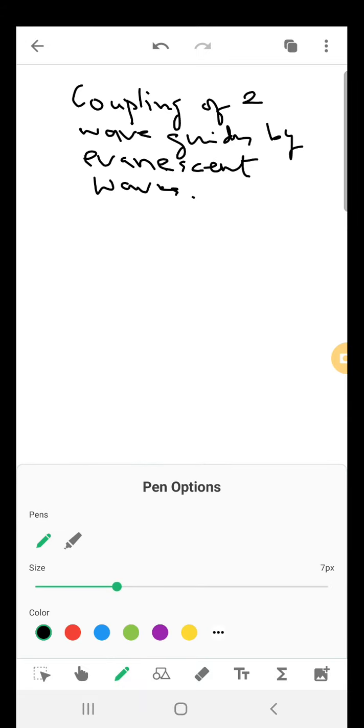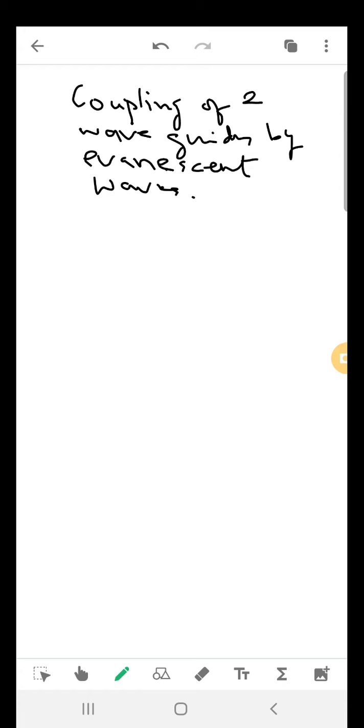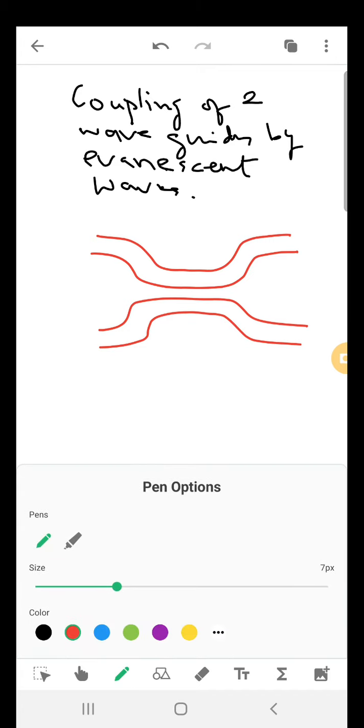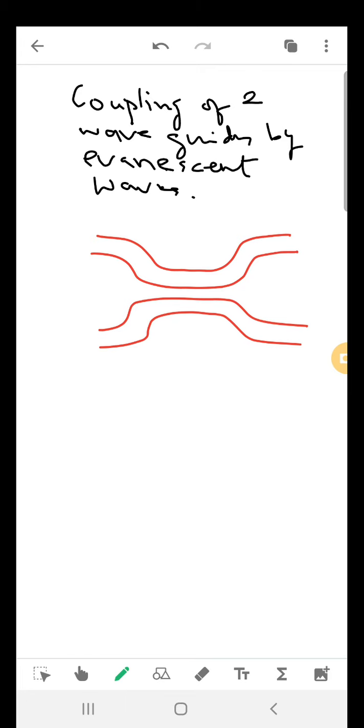So when we have, say, this is waveguide 1, and this is waveguide 2, there is a coupling going on. So this is 1 and this is 2. Coupling will take place. So here, this is the coupling.